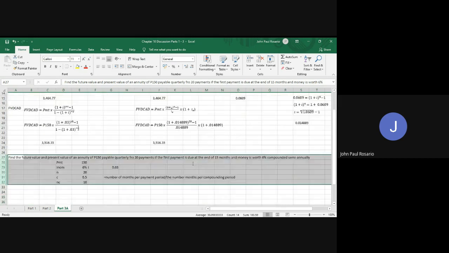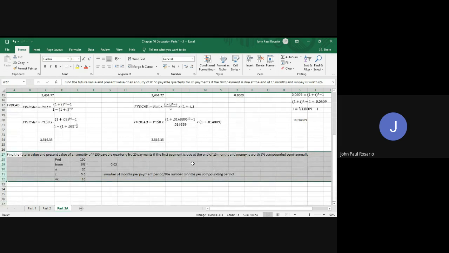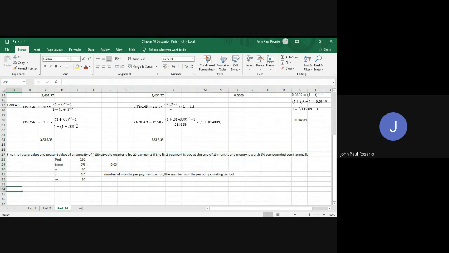Okay, so let's go to our second, which is the solving of our present value of deferred ordinary complex annuity.